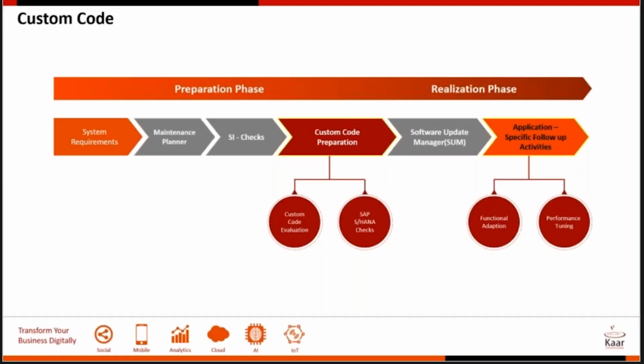So these two become critical, and in more cases than not, the effort that goes into cleaning up and adapting this ABAP code is underestimated. Based on the complexity of the ABAP code, and as customers each of you know how complex your ABAP code is, depending on the complexity and on the assessment report, you might want to start this sooner.